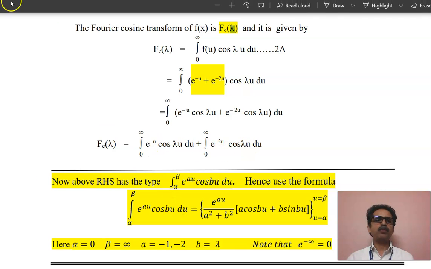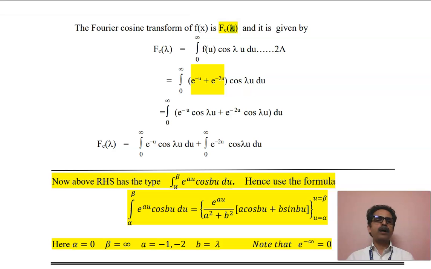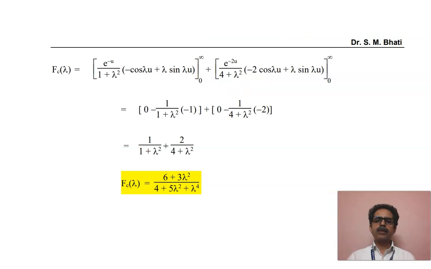So we will apply this formula, and when you apply this formula in both terms, you will get the next step. You can see the next step as capital Epsilon lambda, e raised to au, that is e raised to minus u, upon a square plus b square, that is 1 plus lambda square. In the bracket, a cos bu plus b sin bu, that is minus 1 cos lambda u plus lambda sin lambda u with limit 0 to infinity.